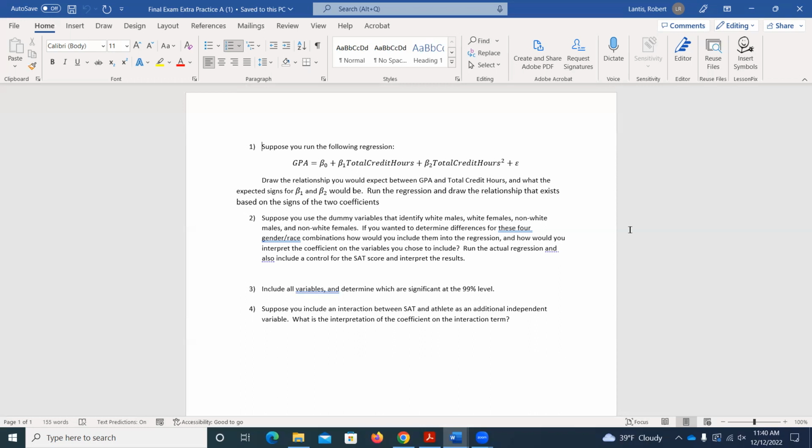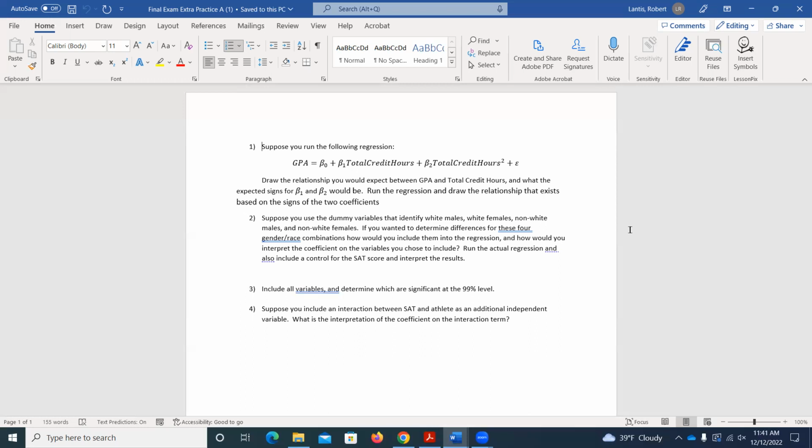So by including these interaction terms, we also include that dummy variable for whatever group we're interested in. So we're able to pick up differences in that intercept, but also that coefficient on the interaction term tells us the difference in the slopes. Okay. Any questions on that one? So that was problem 4, right? Thinking about interaction terms.